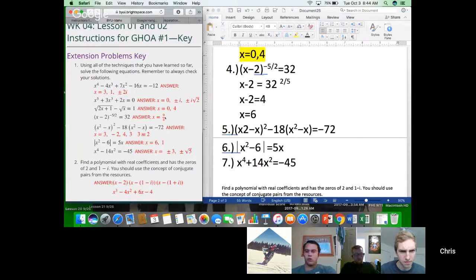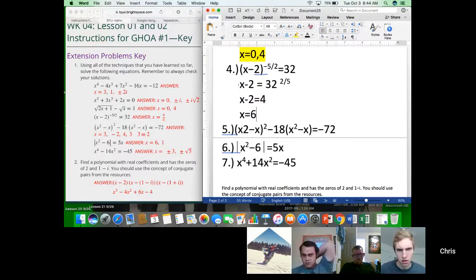Okay, so I checked that website. When you multiply by that fraction, you have to put the x minus 2 into a fraction as well. So it'd be 1 over x minus 2 times 5/2. Wait, hold it. What did you say?